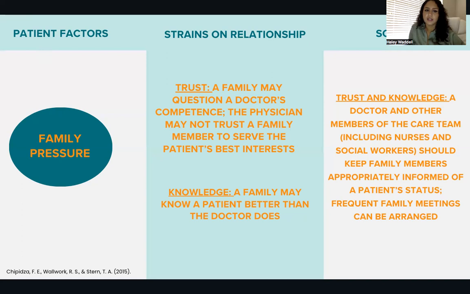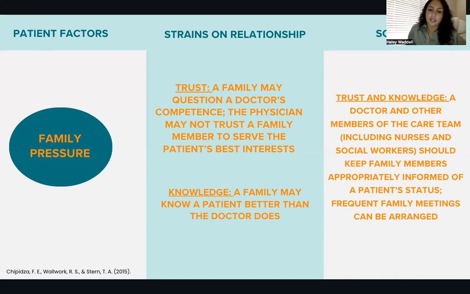And so they might question your ability to make the right decisions for their family member. It can be really, really hard and frustrating, because you're trying to talk to your patient, not them. But unfortunately, it happens. You might have to over-explain yourself. You might have to group their family in with your patient.